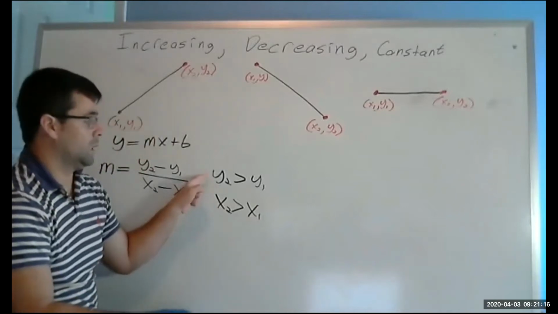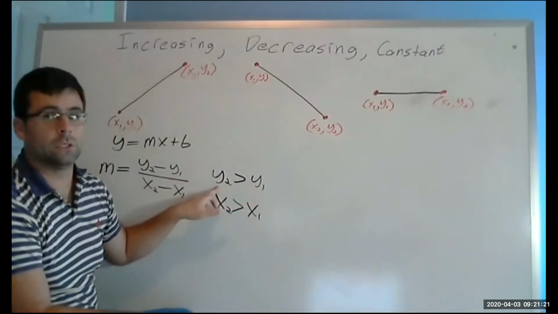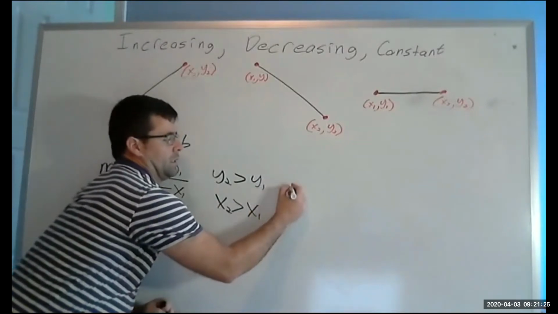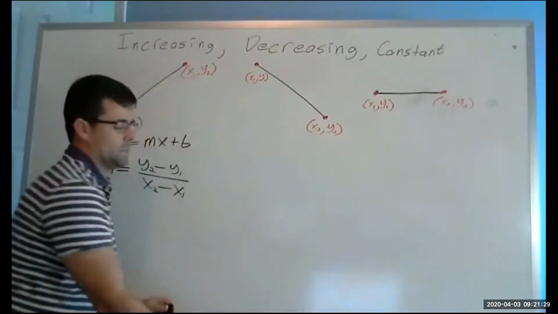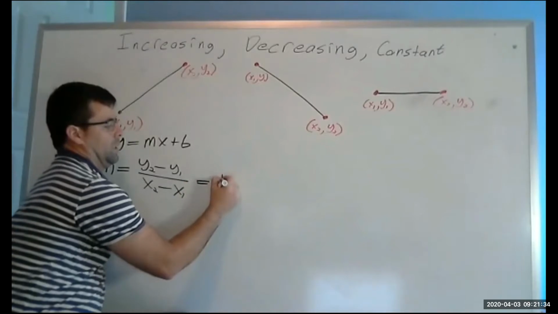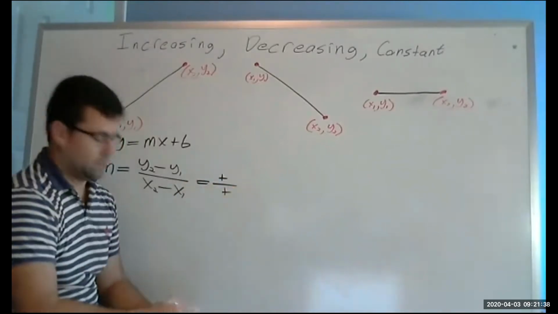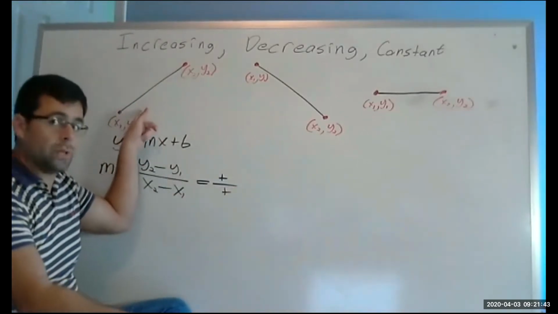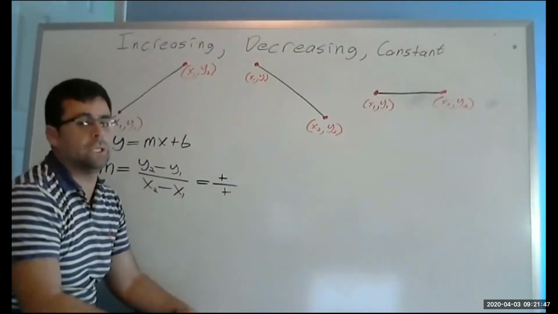So if you subtract a small number from a big number, you're going to get a positive number. And if you do the same on the bottom, you get another positive number. So what we can tell about this thing is its slope is positive. Period.